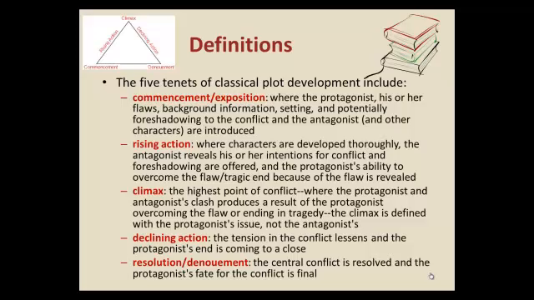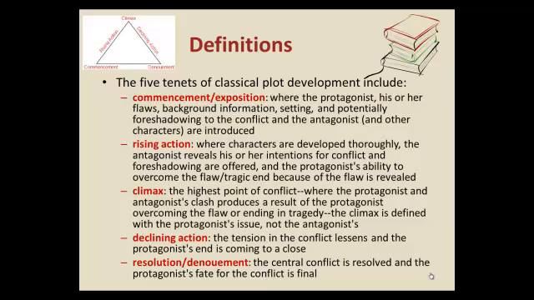It's the highest point where the protagonist and the antagonist, whether that's the internal conflict or this other person, this external conflict or nature or whatever else, when that clash produces the result for that protagonist either to be able to overcome the flaw or to be killed by the flaw, essentially.